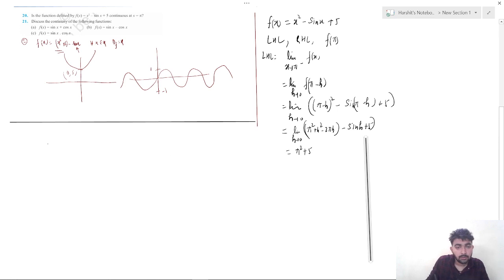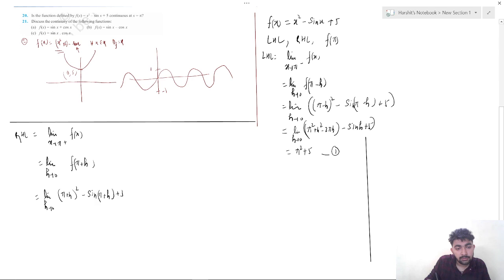Now LHL is there, you can assume this is equation first. Now we need to find the RHL. RHL is the limit as x tends to pi positive of f of x, which is the limit as h tends to 0 of f of pi plus h, which is pi plus h whole square minus sine of pi plus h, plus 5.